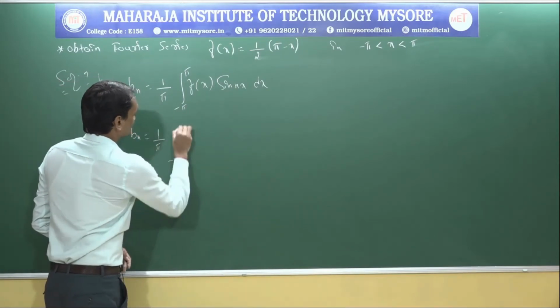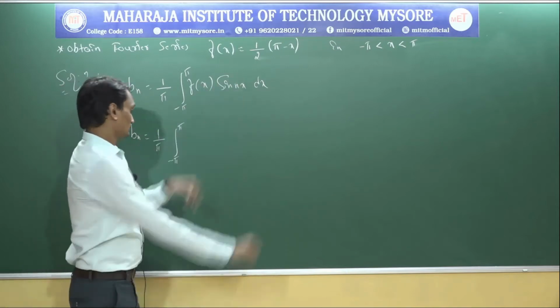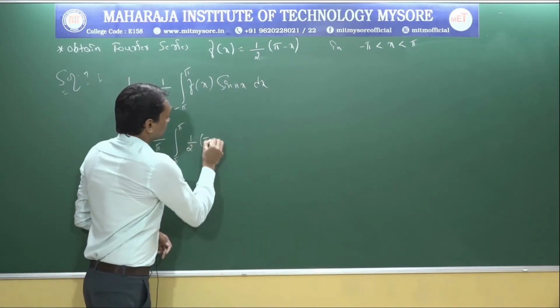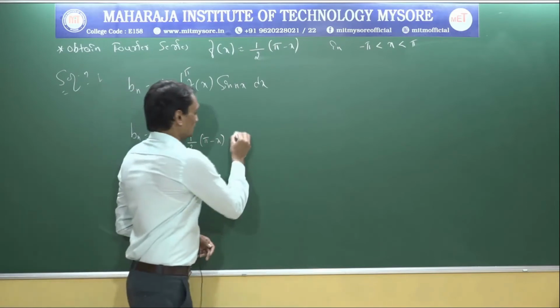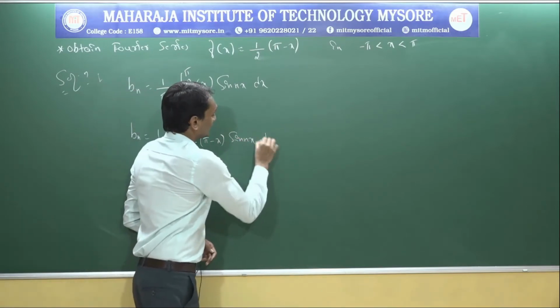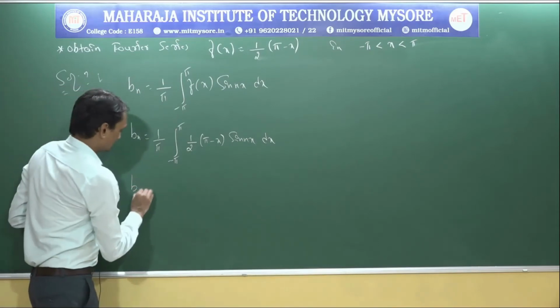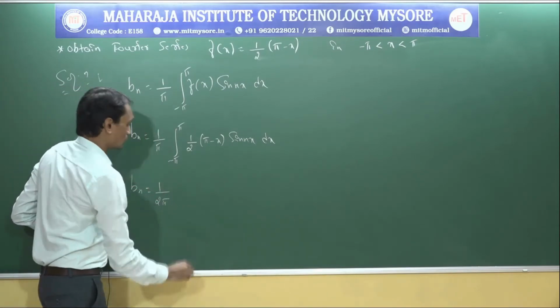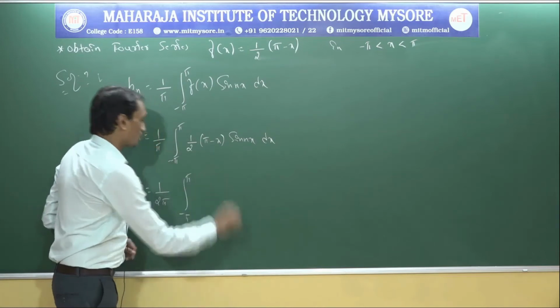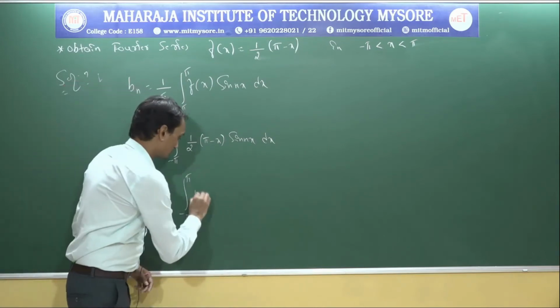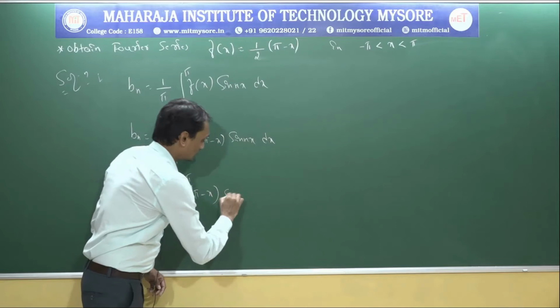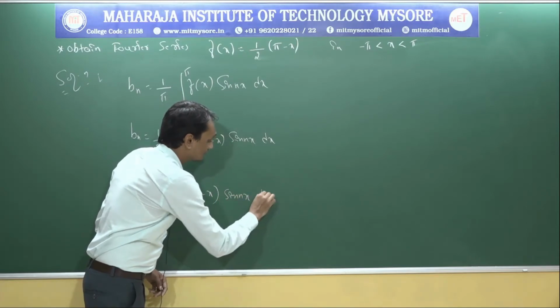Bn equal to 1 by pi, minus pi to plus pi, 1 by 2 into pi minus x into sin nx dx. So bn equal to 1 by 2 pi, minus pi to plus pi, pi minus x into sin nx dx.